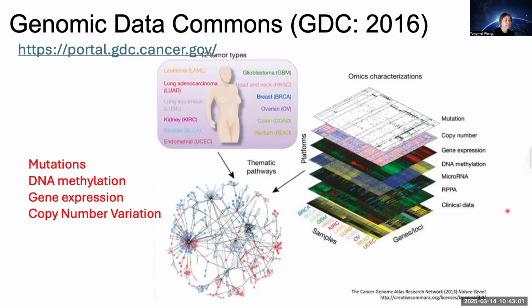Then the sample from that person is sequenced, so there's mutation, copy number variation, gene expression, DNA methylation, microRNA, and RPPA, reverse phase protein array. These data are all available for that particular cancer type.